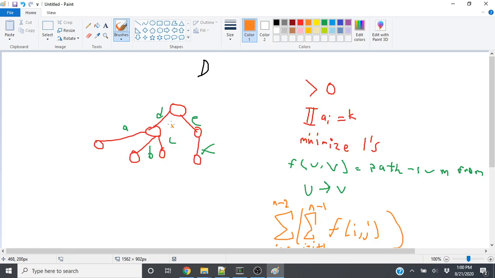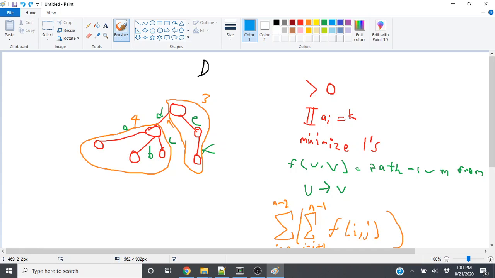Let's consider the edge D, for example, because we're doing problem D. Here we have 4 nodes on this side and 3 nodes on this side. So any path from a node on this side to a different node on this side is not going to go through this edge. But any path from a node on one side to a node on the other side has to go through this edge.